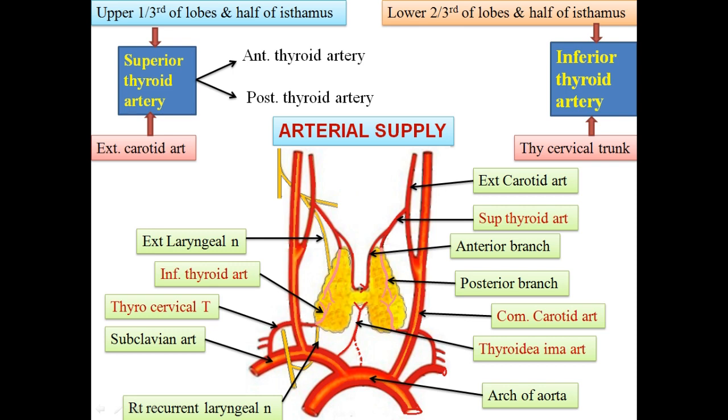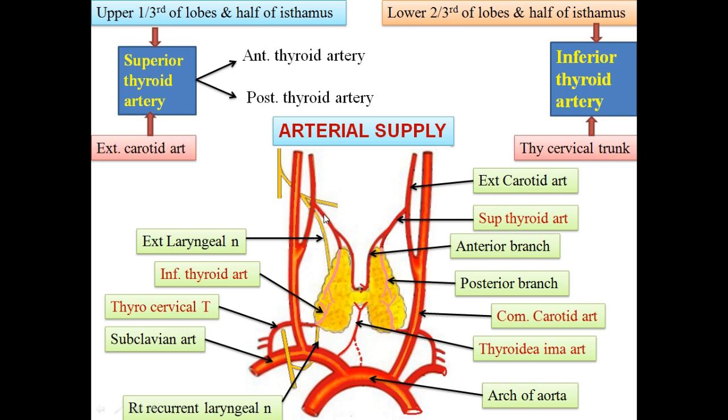Arterial supply of the thyroid gland. You can see the superior thyroid artery, which arises from the external carotid artery at the level of the greater cornu of the hyoid bone.